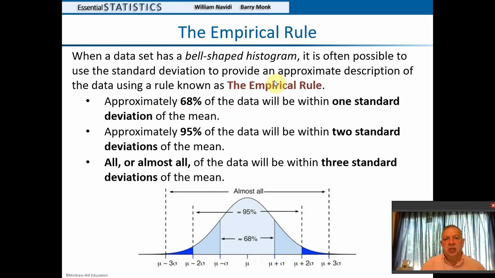Here's the empirical rule, all of this is the empirical rule. Approximately 68% of the data will be within one standard deviation of the mean.